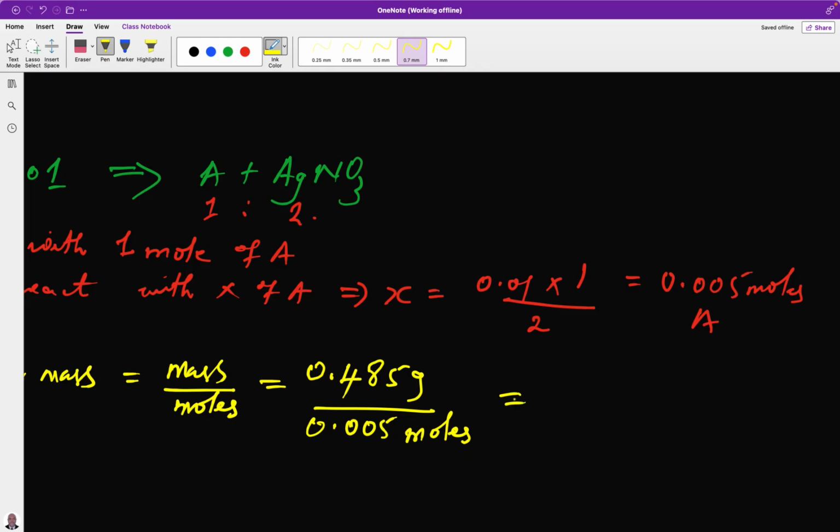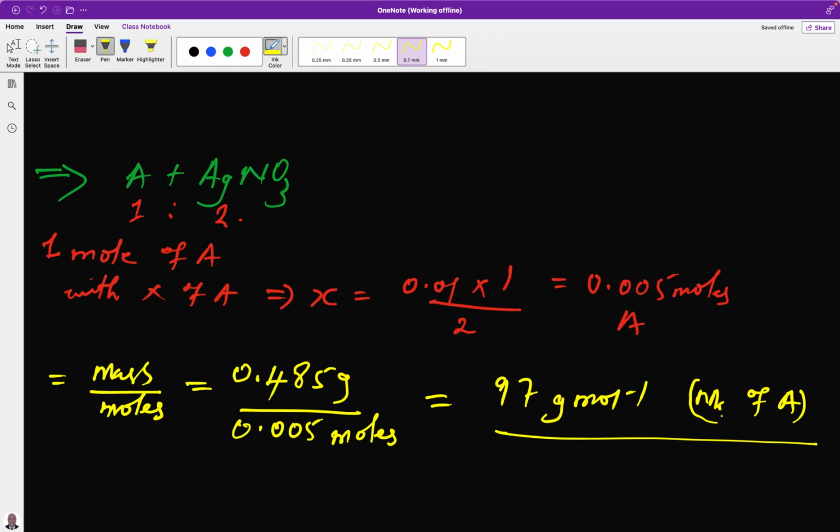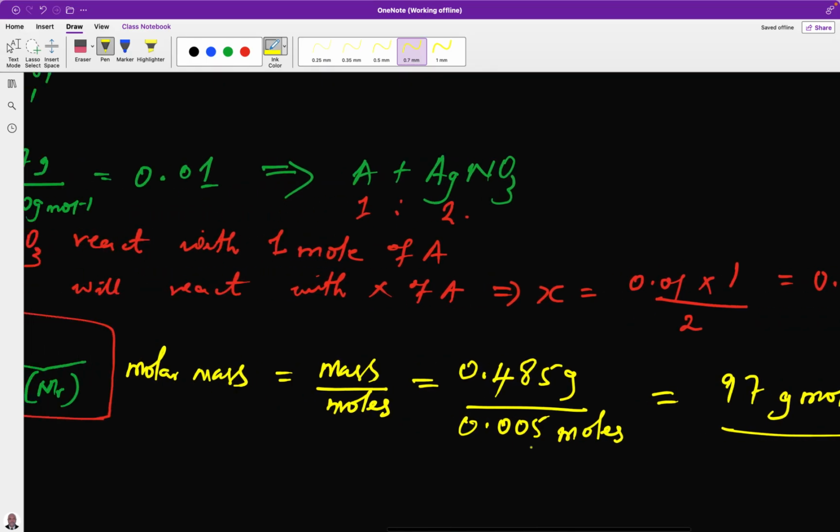So now our molar mass will be what? If we divide this by this, our molar mass will be 97 gram, because it is gram divided by moles, gram per mole. That will be our molar mass, MR of A. MR is another short form for molar mass. MR of A will be 97 gram per mole. That is our answer, 97 gram per mole.